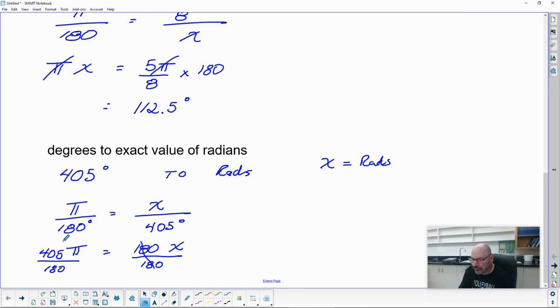So if we divide both sides by 45, now if you start with 5 you can reduce again. So 405 divided by 45 is 9. 180 divided by 45 is 4. And the pi is still there. So there is your radian measure.